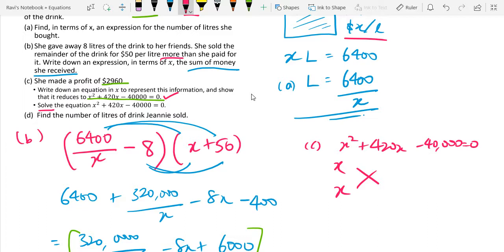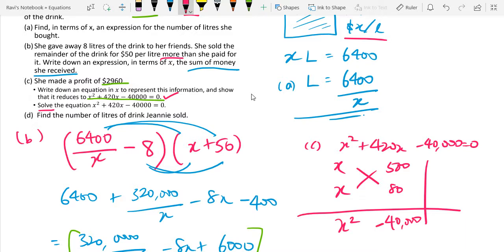For 40,000, you can divide it into 500 multiplied by 80. So I get x squared here, and 40,000. Since I'm expecting a negative sign here, I put a negative sign. From both of these elements, when I multiply, I should get negative 40,000.